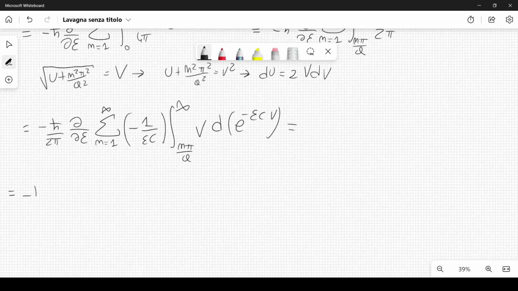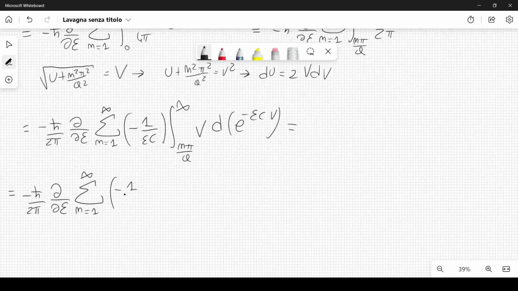So this is equal to minus h bar over 2 pi, derivative with respect to epsilon. Then we have the summation over n from 1 to infinity, minus 1 over epsilon c. Then here we have to evaluate v times e to the minus epsilon cv between n pi over a and infinity.